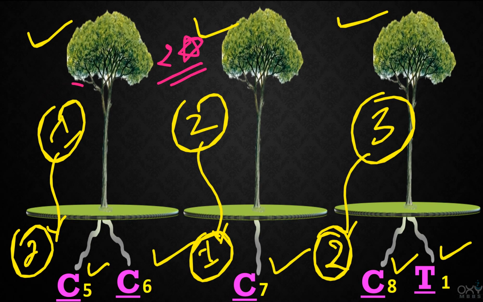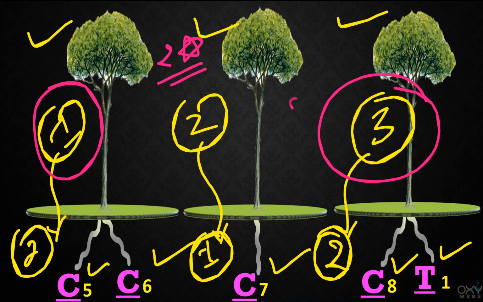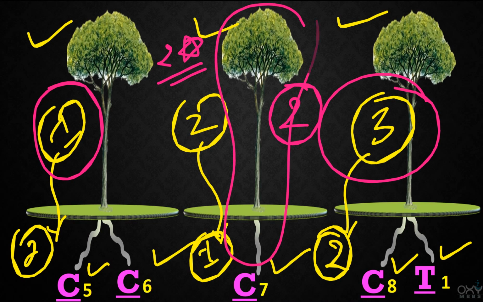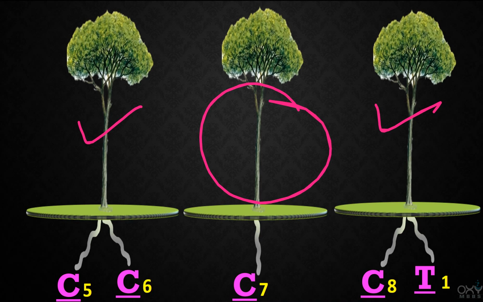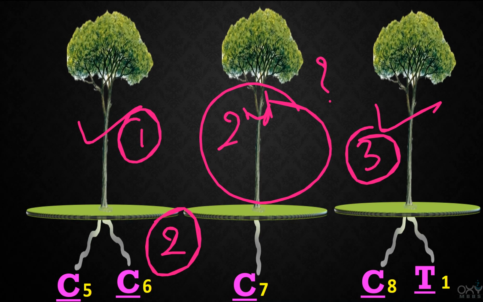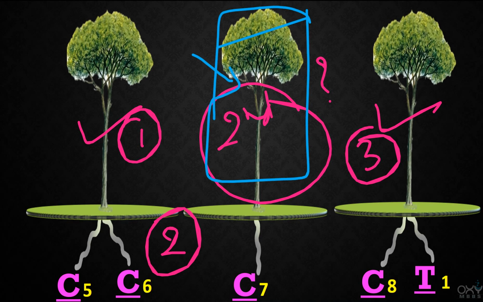The first tree and third tree have two roots, but the middle tree has only a single root. Now friends, I am sure you will not get confused in the first tree and third tree, but you may get confused in the middle tree or the second tree. So to overcome this confusion, we have a very nice trick. As this tree is present in the middle, that is why it is called the middle tree.